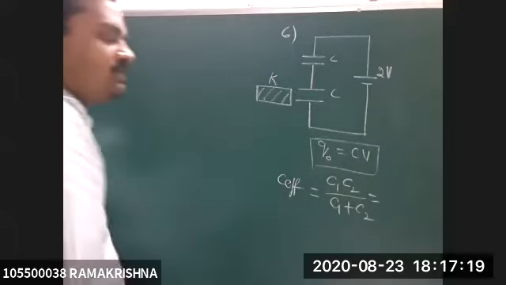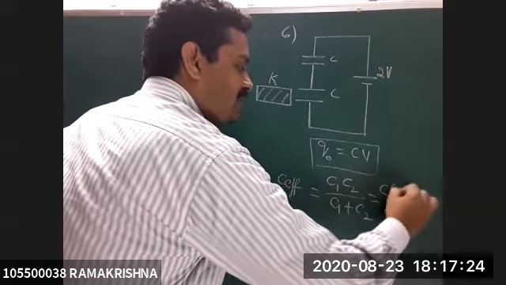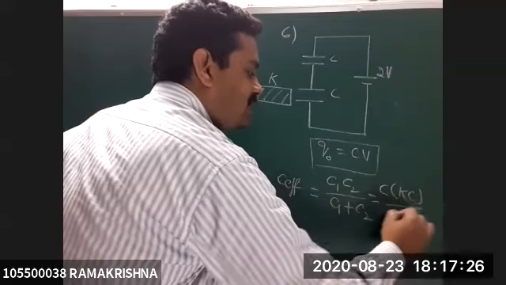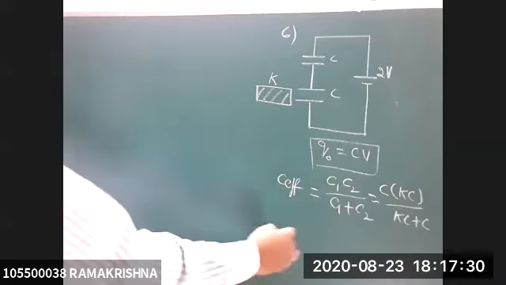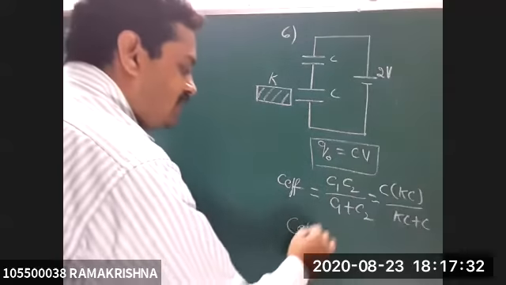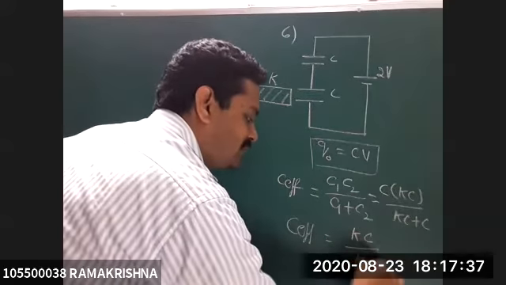The value of C1 is C and the second one is KC, divided by KC plus C. Right? On simplification, C effective is KC divided by K plus 1.